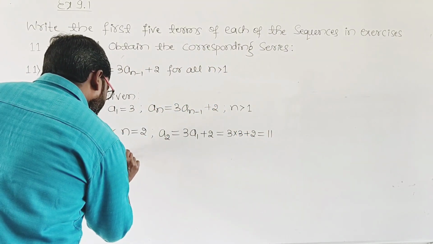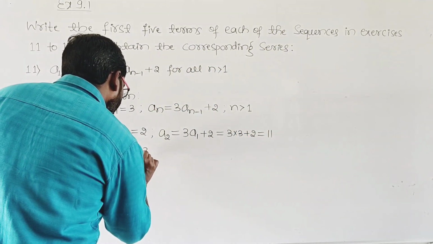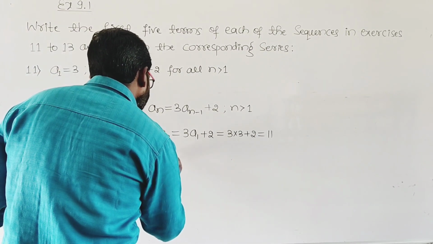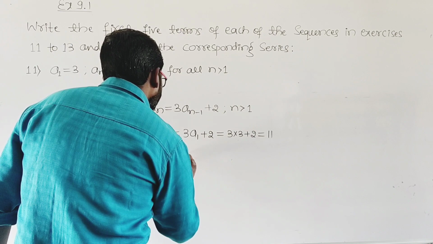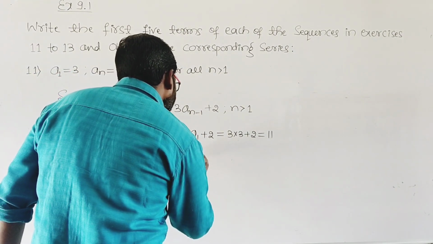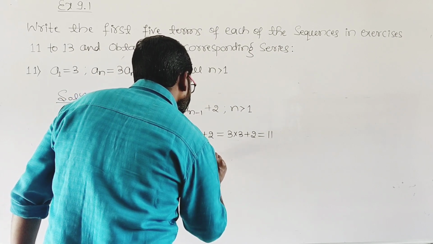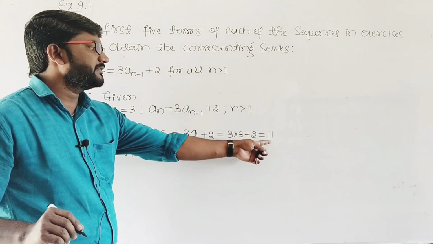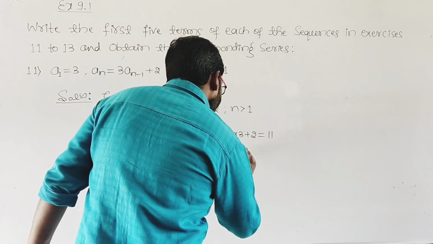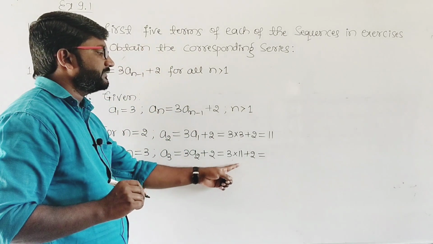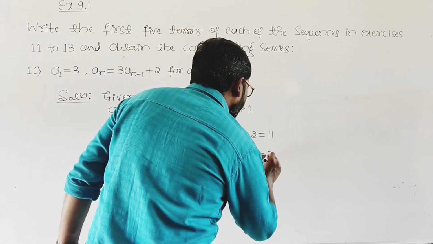Then for n equal to 3, a3 is equal to 3 times a2 plus 2, since 3 minus 1 is 2. So 3 times a2 value, which is 11, plus 2. So 11 into 3 is 33 plus 2 is 35.